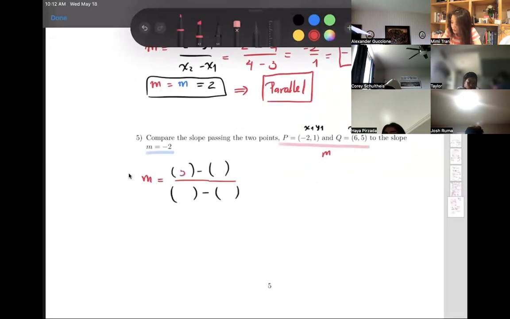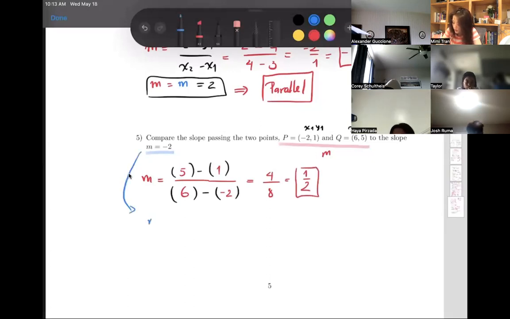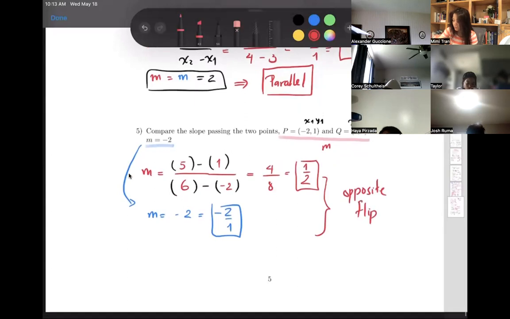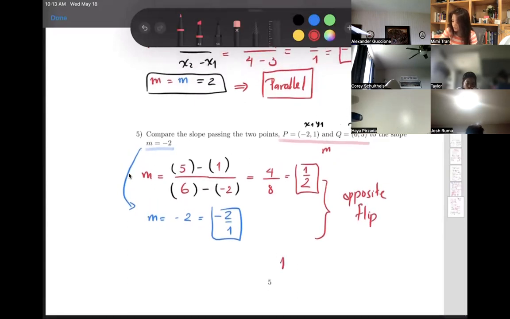So 5 minus 1, and then 6 minus -2. 5 minus 1 is 4. 6 minus -2 is 8. So 1/2, right? For the red one. And then the blue one, what do we have? The blue one is m equal -2, or better yet, -2 over 1. So they're opposite reciprocal. You can see they're opposite reciprocal, or opposite flip, whichever vocabulary you want to say, then it's going to be perpendicular.